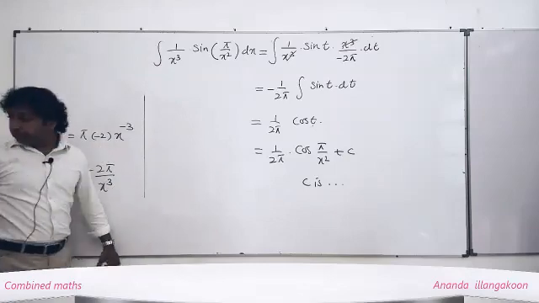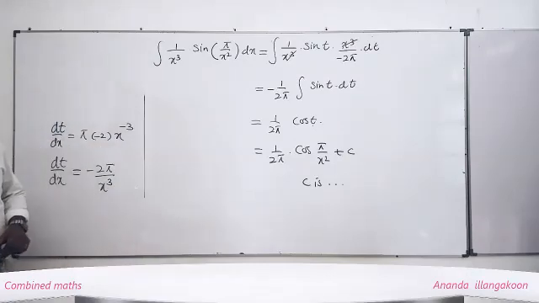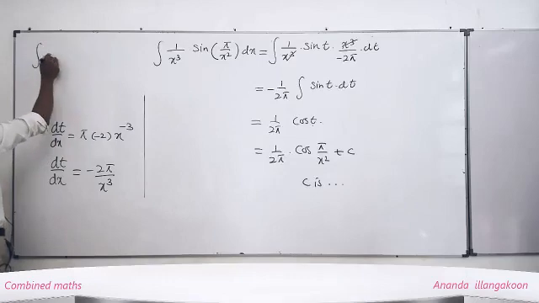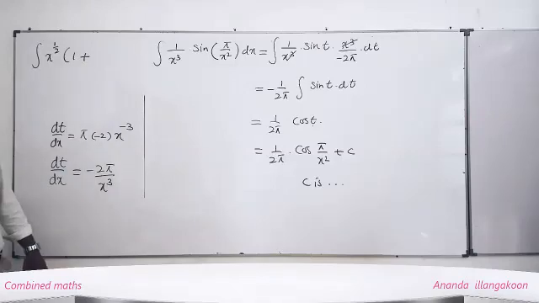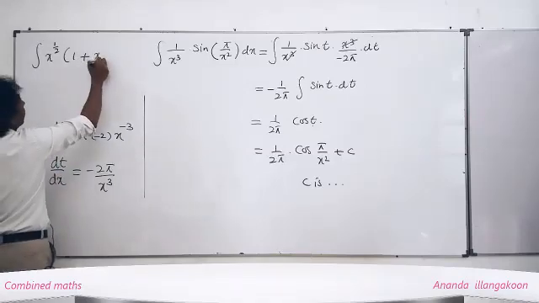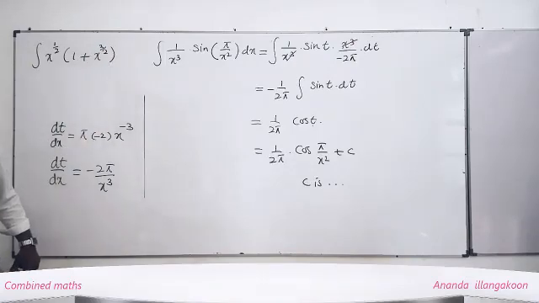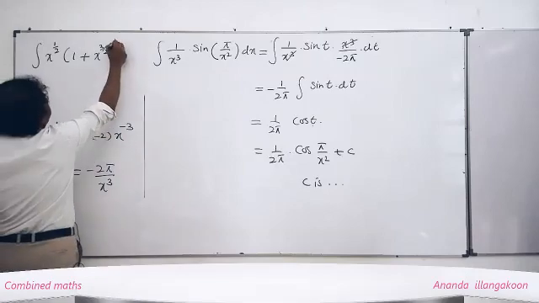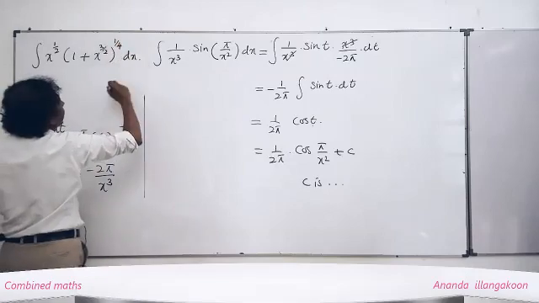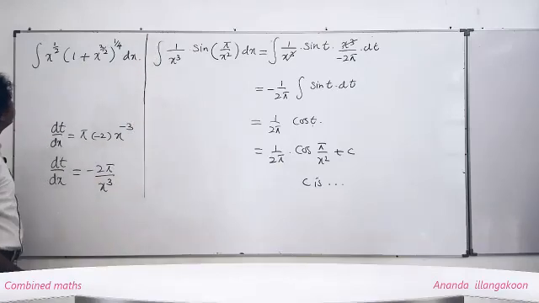The next question is this: x to the power half times (1 plus x to the power 3 by 2) whole thing to the power 1 by 4 dx. That is, x to the power half, then the bracket 1 plus x to the power 3 by 2, with 1 upon 4 outside of that.